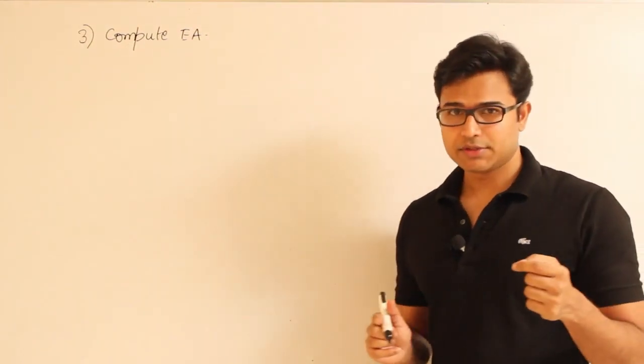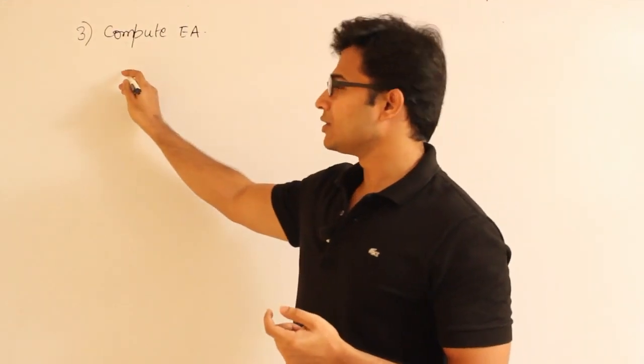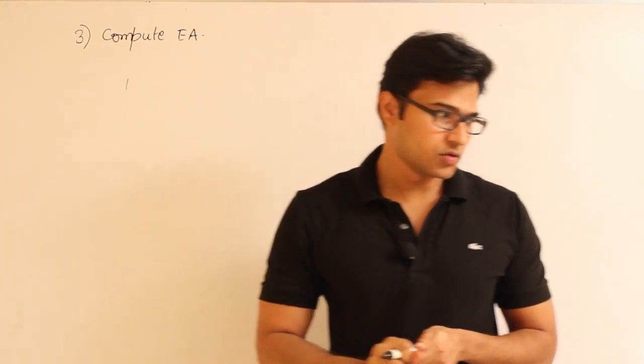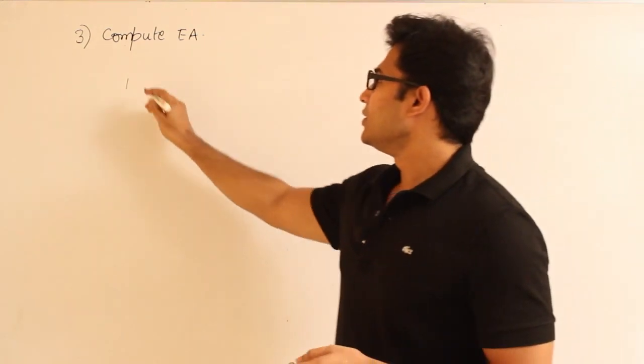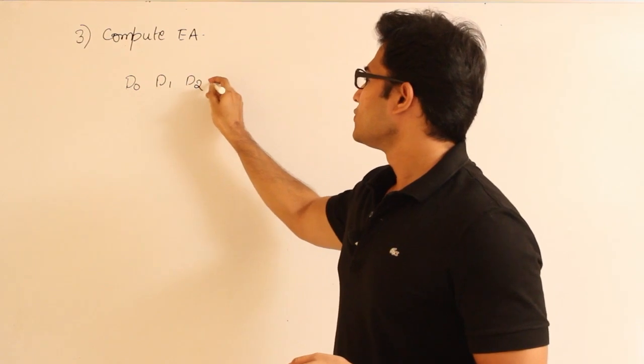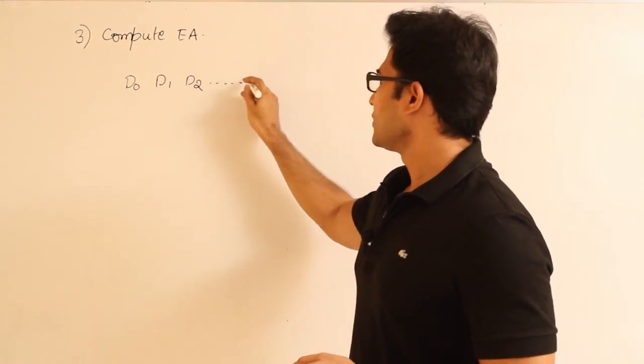And what are the types of instructions? We have already seen this in the last video. Just see this. Depending on the output of the decoder, it can be either D0 or D1 or D2, so on, D7, right?